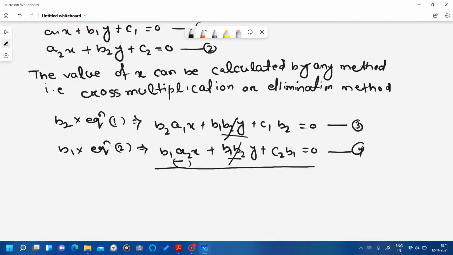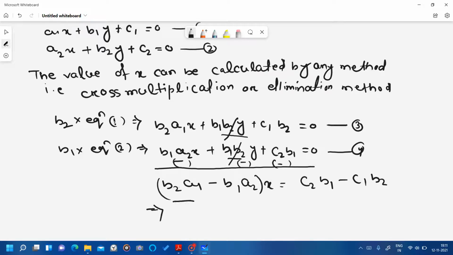Now what will we have? We will have (b2a1 minus b1a2)x is equal to c2b1 minus c1b2, isn't it? Now take this side to this part.